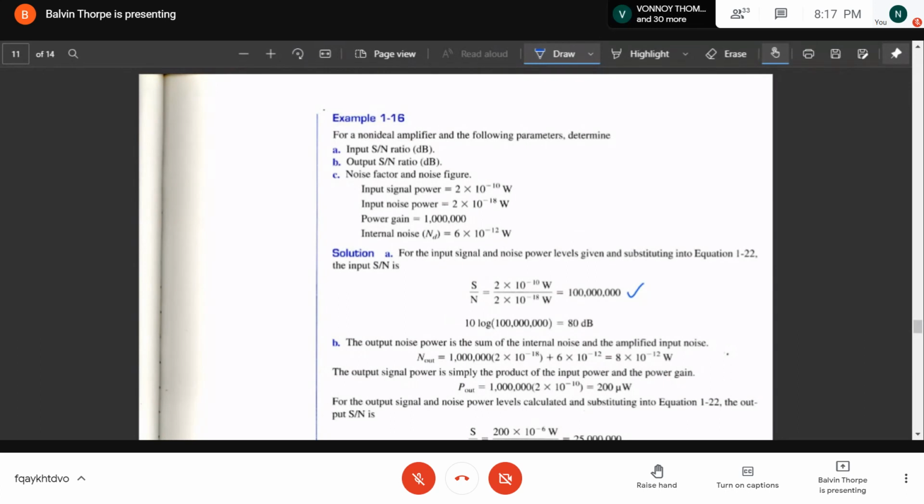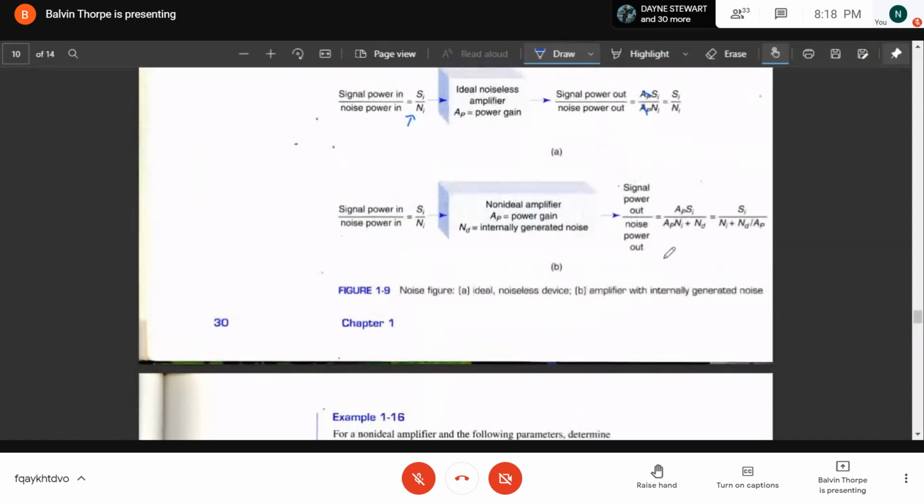Now, we know from the formula that we just created that because the system is non-ideal, the output signal to noise ratio is going to be given by this formula.